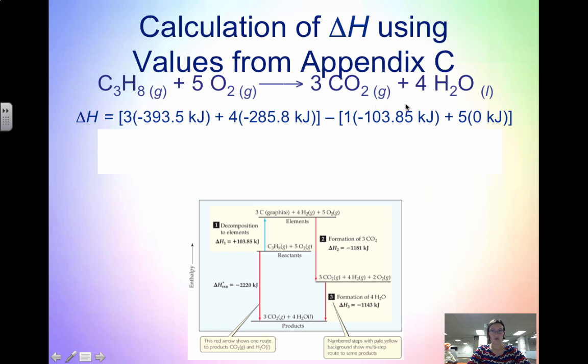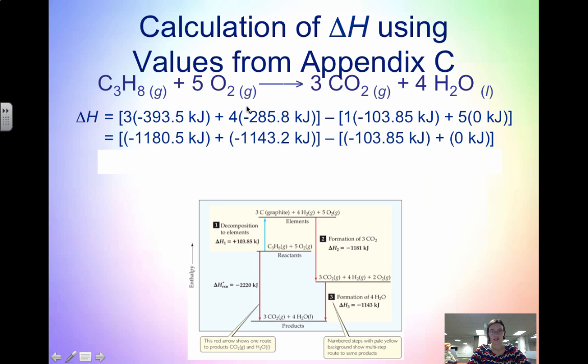So 1 propane times the heat of formation of propane plus 5 times 0. Remember, this is 0 because oxygen is in its standard state here. That makes it easy when we're looking at some of the heat of formations. Whenever it's in its standard state and it's an element, it's 0. So we can multiply this out.